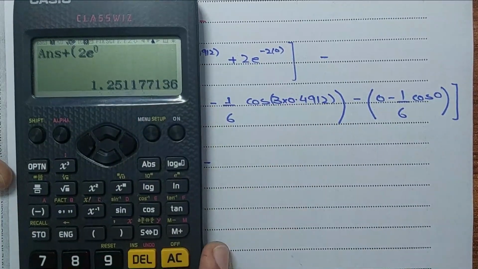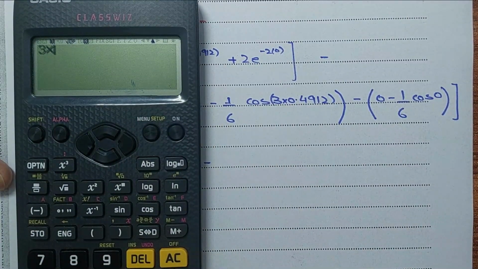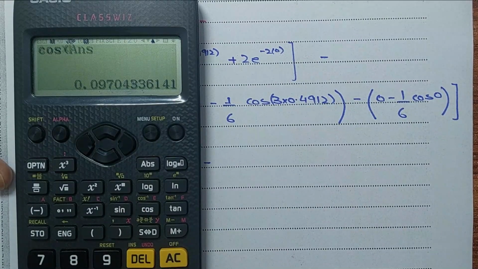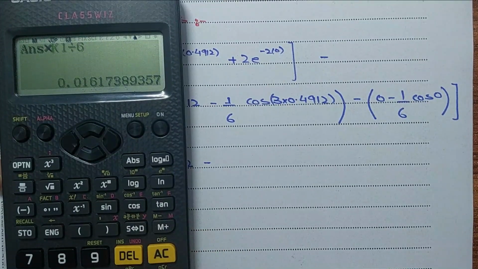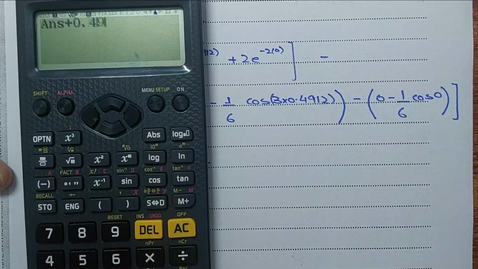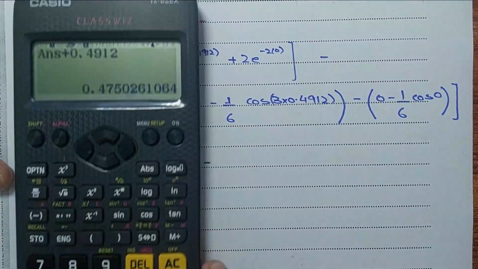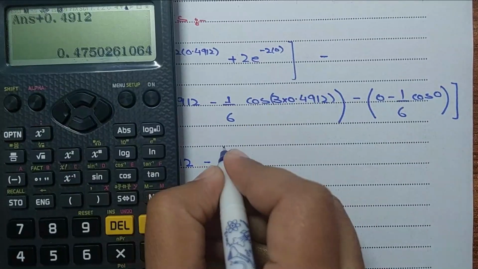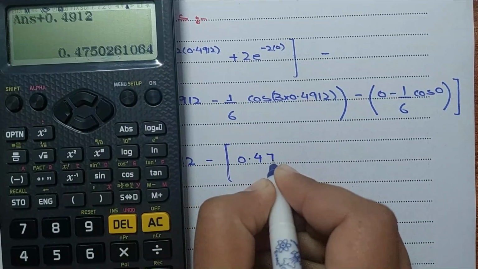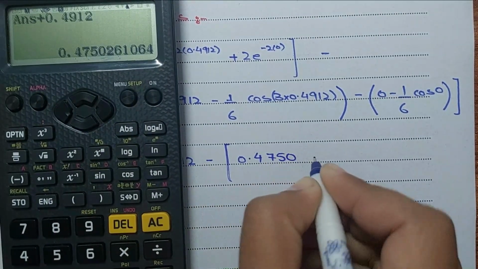Let me simplify this expression: 3 times 0.4912 is this much, and cos of the answer times 1 over 6 and times minus 1, and add 0.4912, which gives 0.4750.